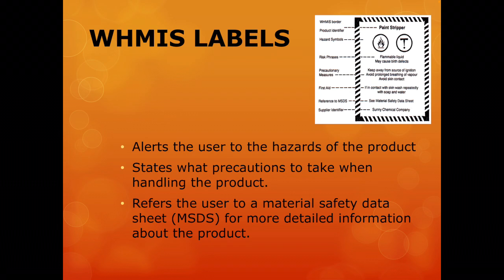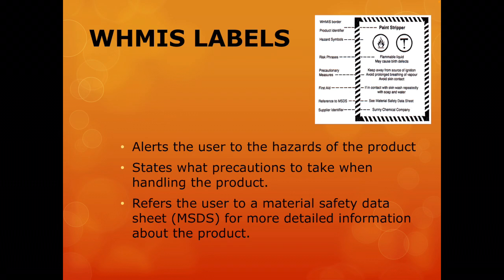So the top image here is an example of what a WHMIS label would look like. We've got a border that captures your attention, the product name or what it is, so paint stripper, what the hazard is, this is flammable and toxic, risk phrases, flammable liquid may cause birth defects.